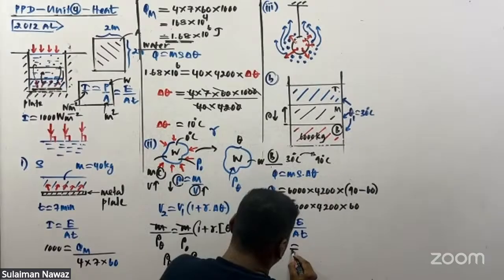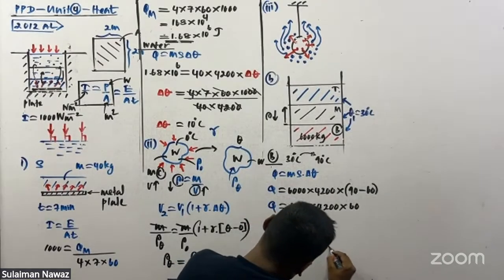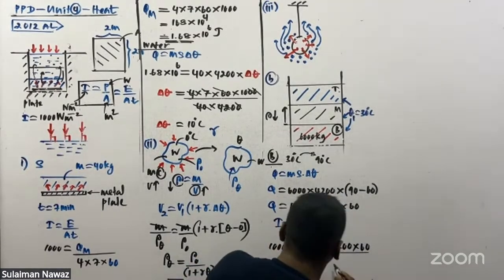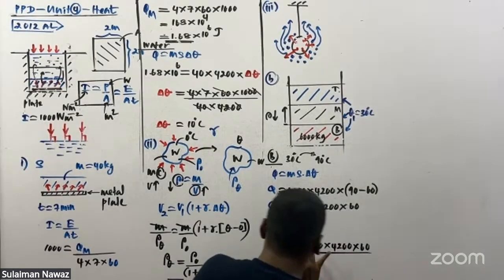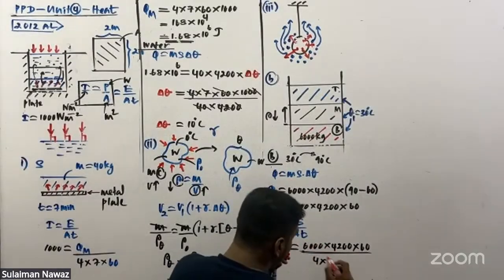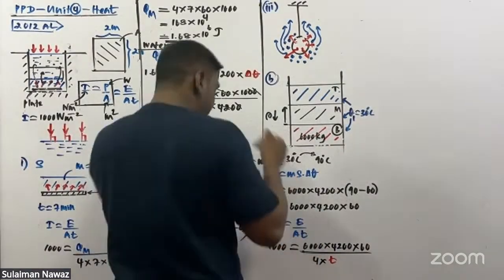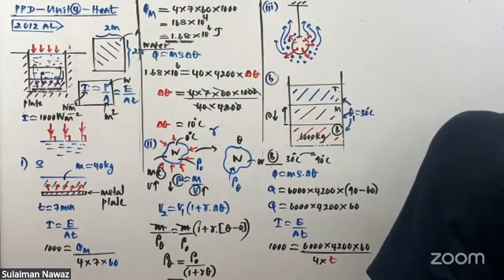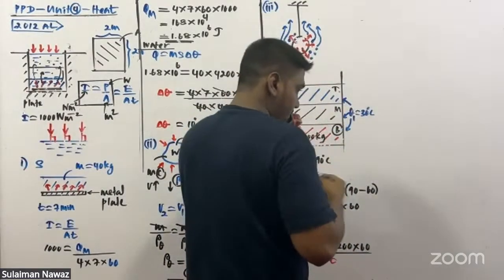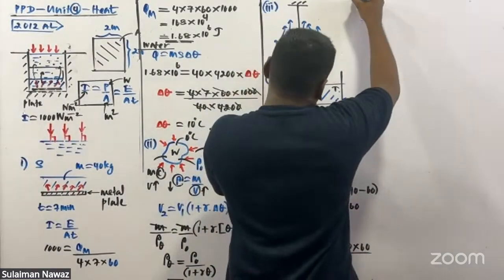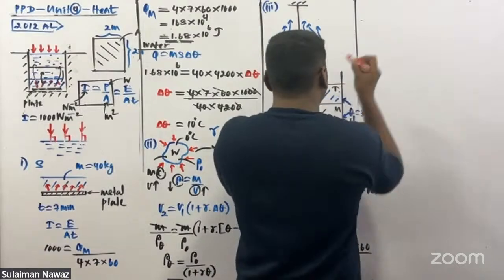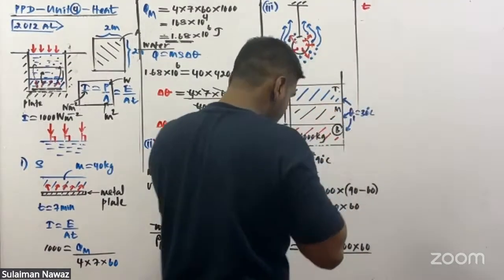The heat absorbed is 6000 times 4200 times 60, over the surface area, which is 4.